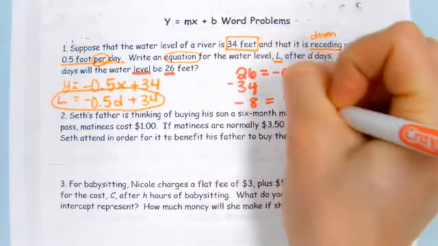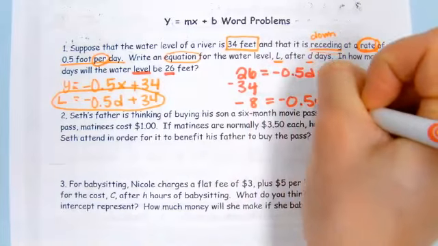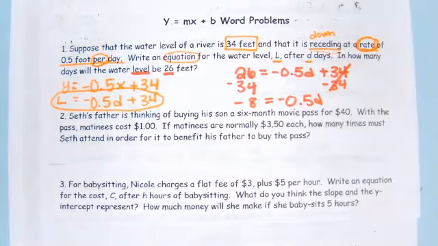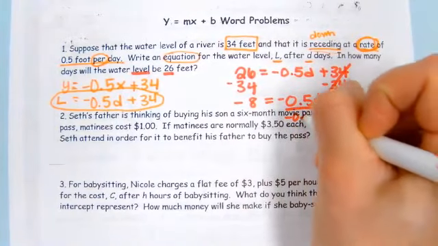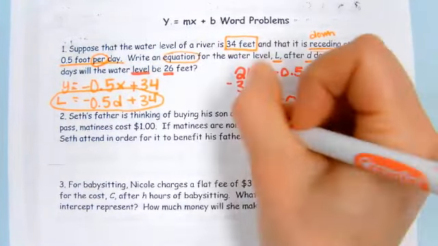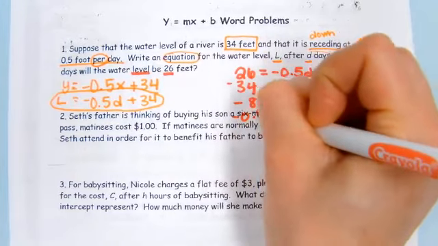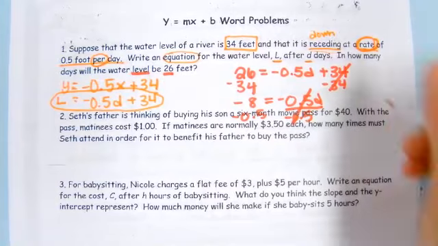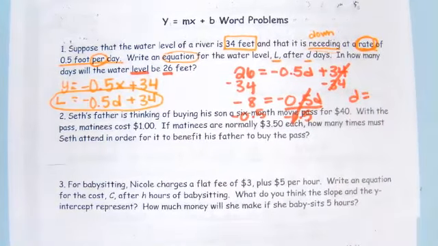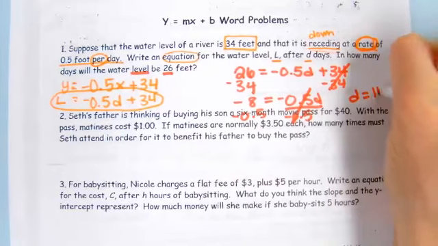Negative 8 equals negative 0.5 D. What was the last step? Divide. Divide by negative 0.5 here. Negative 8 divided by negative 0.5 should give us our answer. Negative 8 divided by negative 0.5 is 16 days.